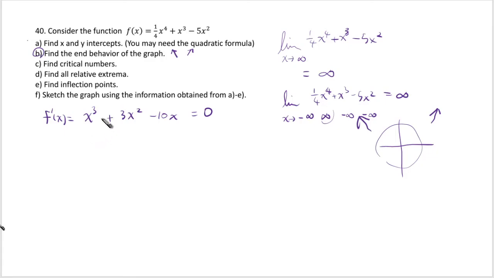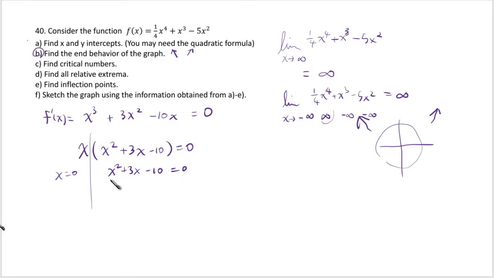We see that everything is divisible by x, so I'm going to factor an x out, leaving you with x squared plus 3x minus 10. So it's either x equal to 0 or x squared plus 3x minus 10 equal to 0.